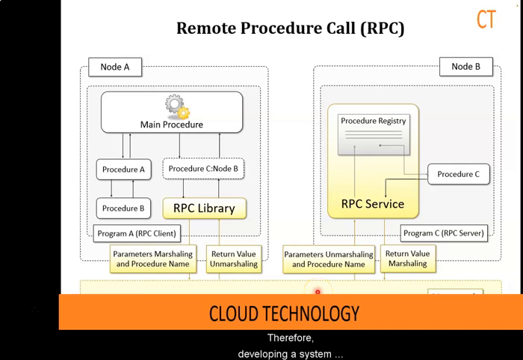Therefore, developing a system leveraging RPC for IPC consists of the following steps: design and implementation of the server procedures that will be exposed for remote invocation, registration of remote procedures with the RPC server on the node where they will be made available, and design and implementation of the client code that invokes the remote procedures.